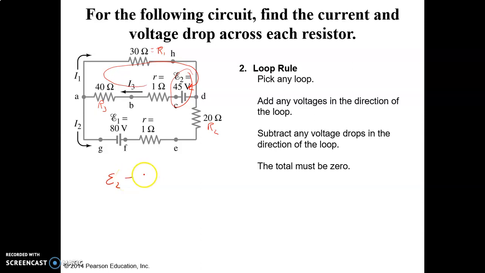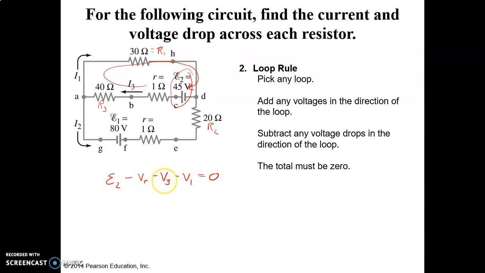And then you lose some voltage across the internal resistance. Then you lose a little voltage across R3. Then you lose more voltage across R1. And then that loop comes back to the battery. That total voltage, or that equation, has to equal 0.